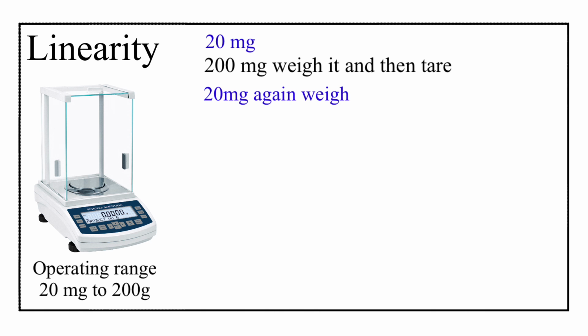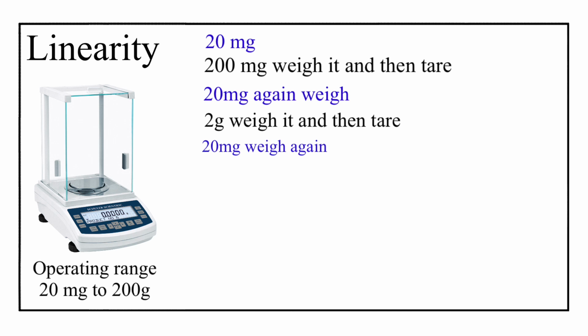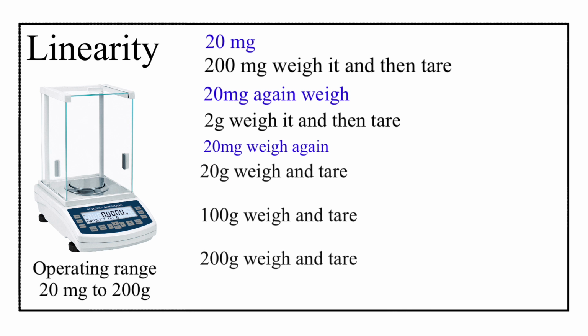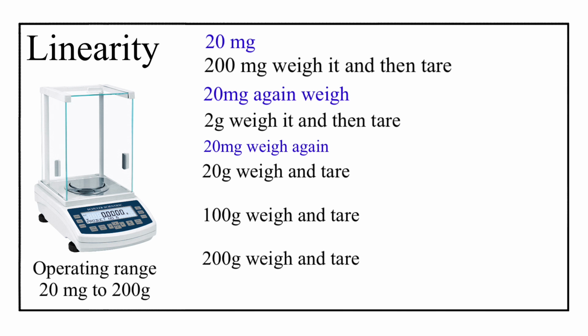Now your balance has both the weights, 20 milligram and 200 milligram. Here the 200 milligram weight is tared. Now remove both the test weights, weigh a 2 gram weight and tare it. Then again weigh the minimum test weight, which is 20 milligram, and note down the weight. Likewise, take the readings of the minimum test weight while taring 20 gram, 100 gram and 200 gram weights.